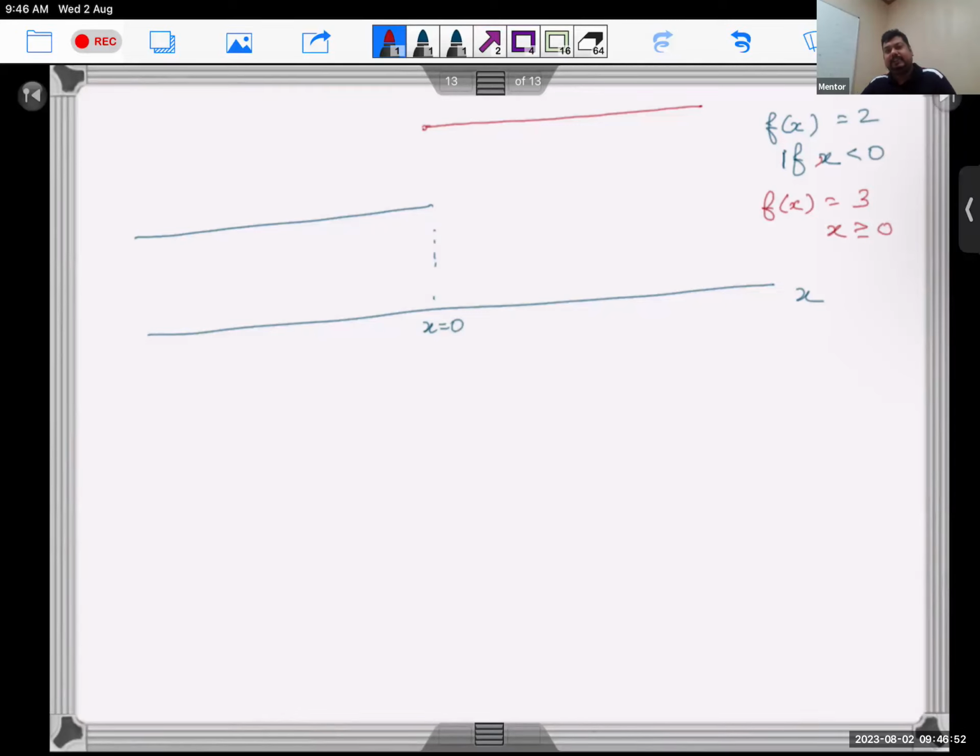Do you think this function is continuous? No. There is a break at this point. There is a hidden jump happening here. So this is not a continuous function.